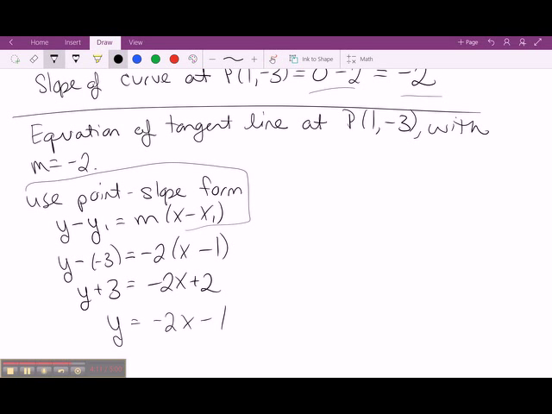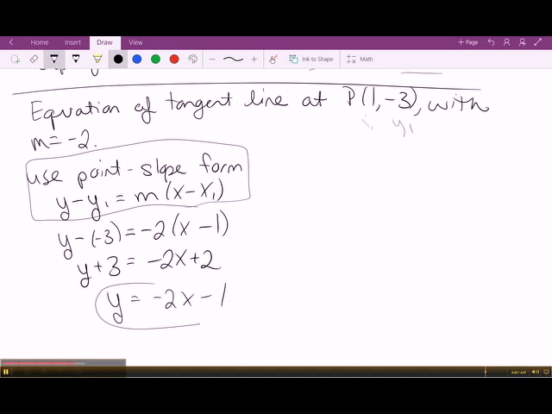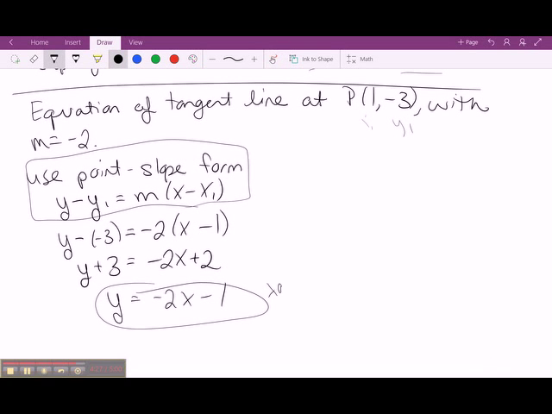This is something that you want to embed in your memory and don't forget it. So you plug in this is your x sub 1, your y sub 1, and then this is your slope. Reduce that down, and you find that your tangent line is y equals negative 2x minus 1.